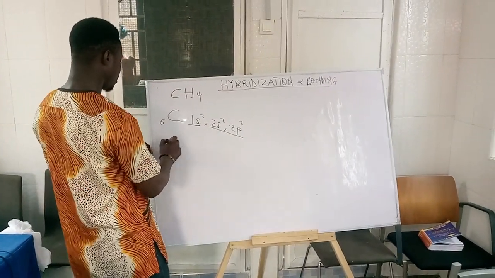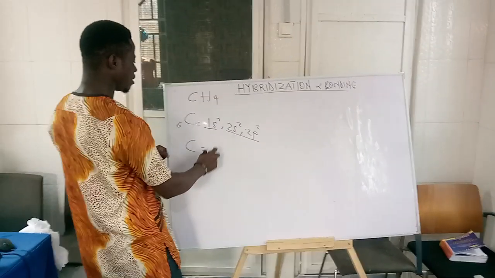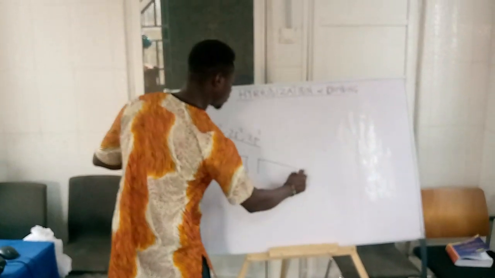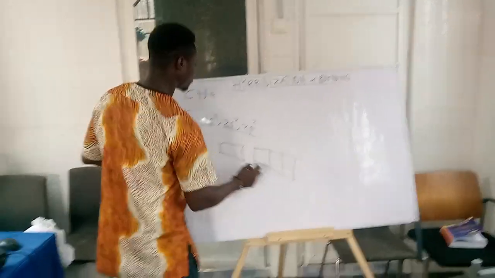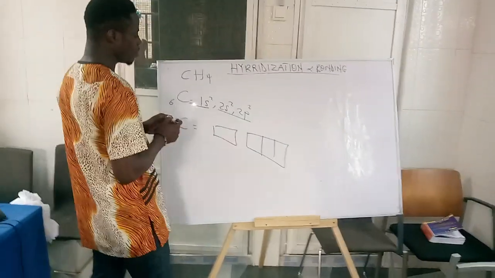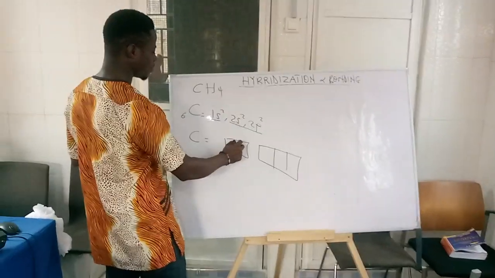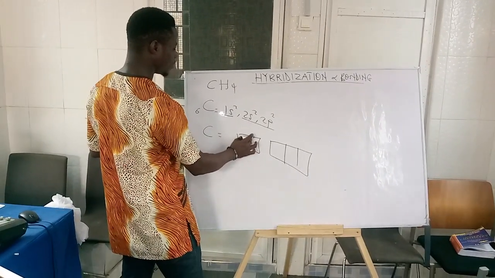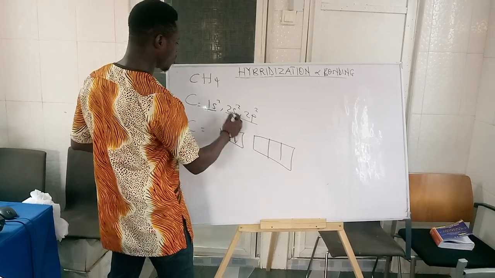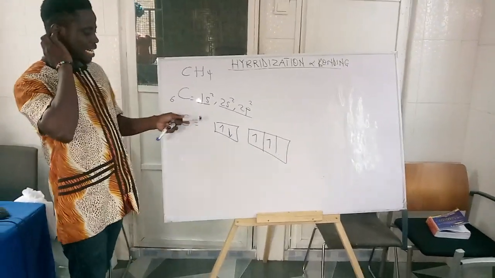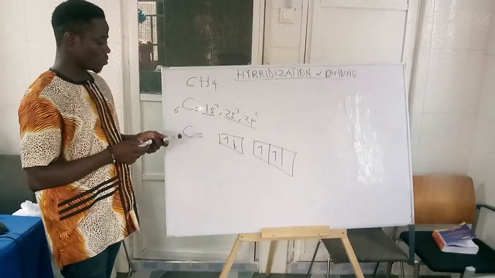So look at this. Carbon in the excited state. This was having 2 electrons, and this is also having 1, 1. This is the ground state, but you need to excite an electron.